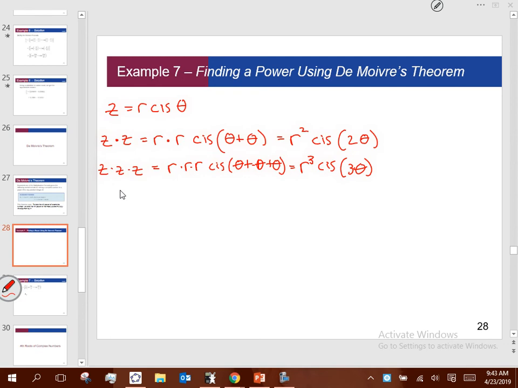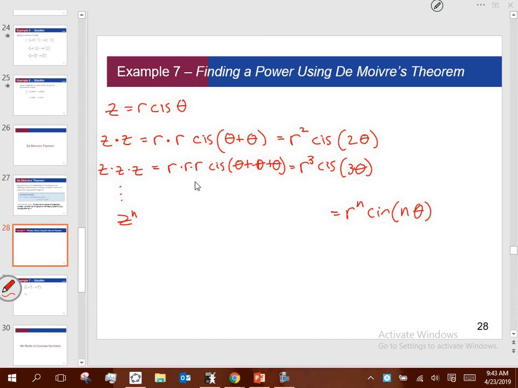This is called a proof by induction, meaning that when I get to Z times Z times Z, all the way out to Z sub n, or n times, that would be R times R times R n times, right? Well, how can I eventually rewrite that then? R to the nth, right? And it would be cis n times theta. And that is what Z to the nth is going to look like.